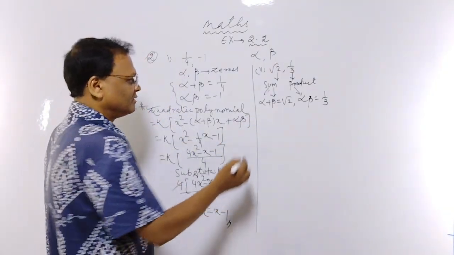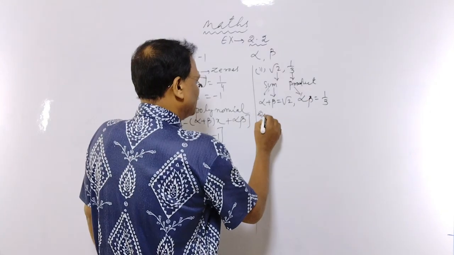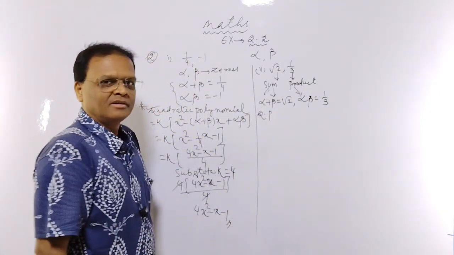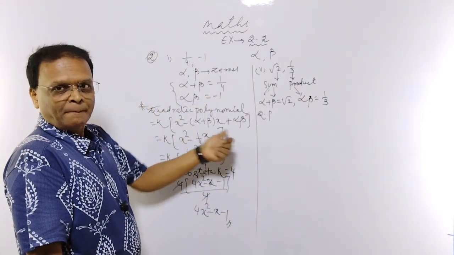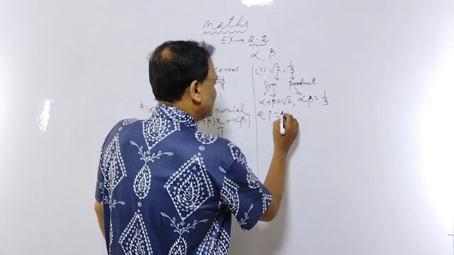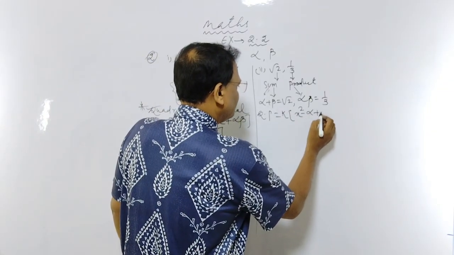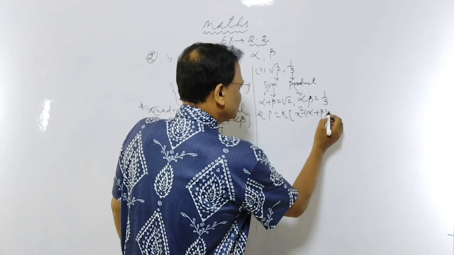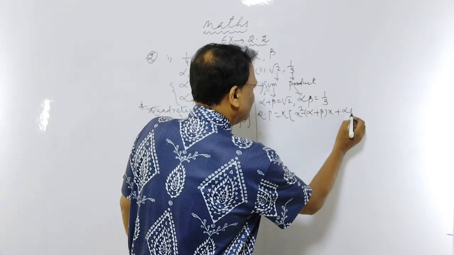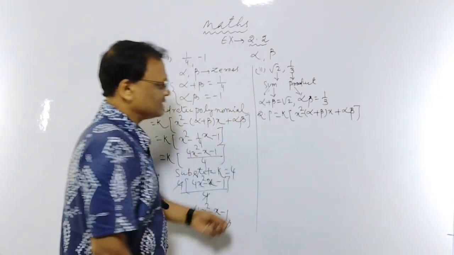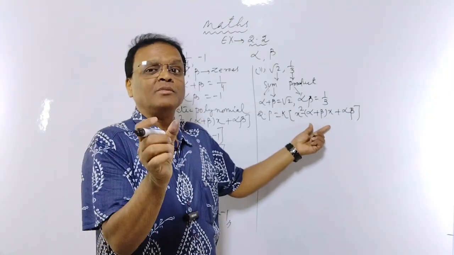Straight away substitute the formula. My quadratic polynomial is equal to k of x square minus alpha plus beta of x plus alpha into beta. Actually, this alpha plus beta is nothing but the sum of the zeros.